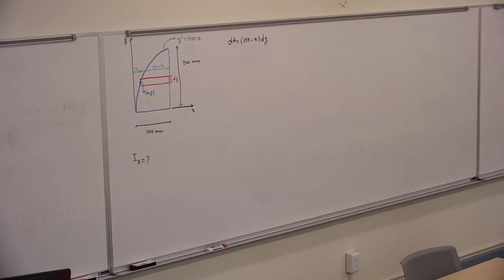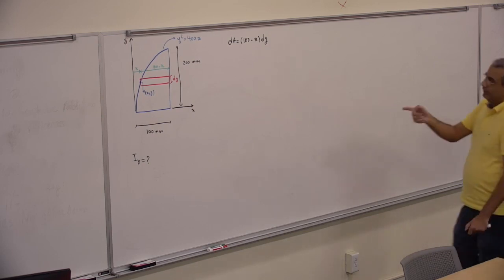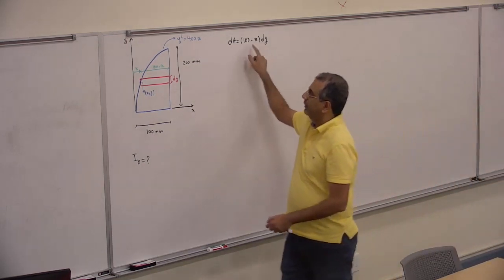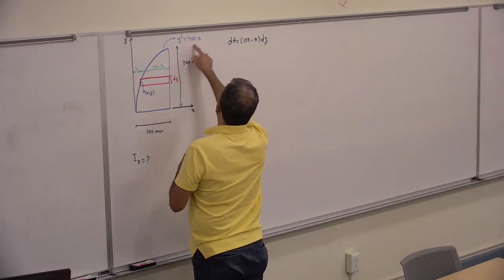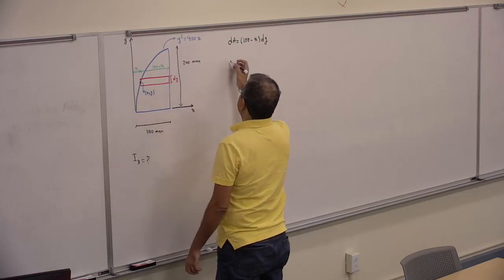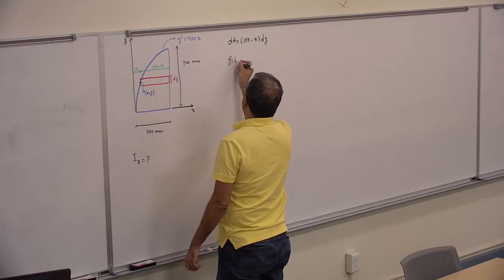So, can I use it? No. Create a function of y. Yeah, because we have the dy, we have to rewrite everything as a function of y. So I have to get rid of x here. I know that y squared is 400x.